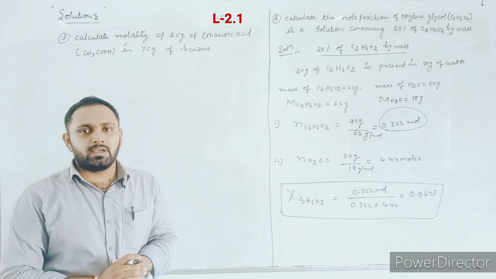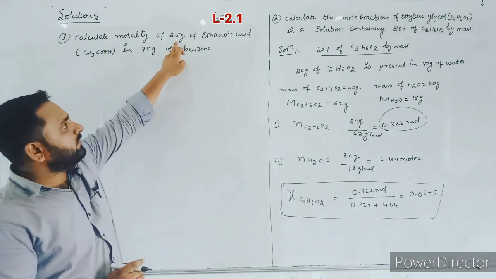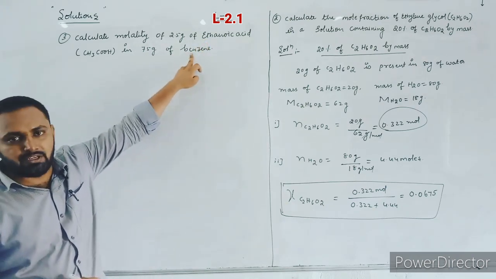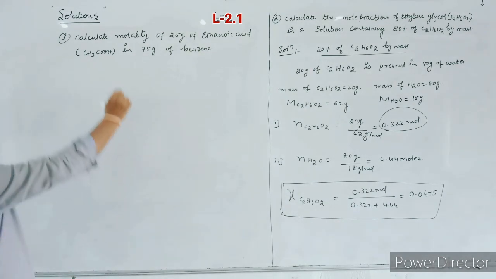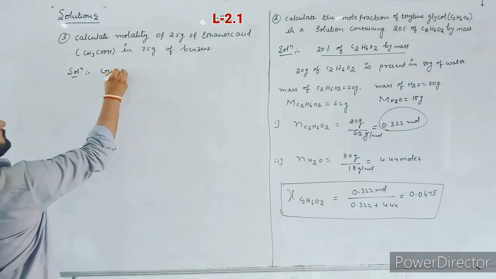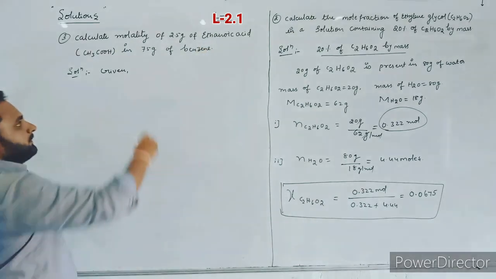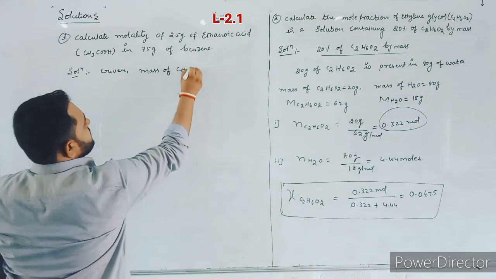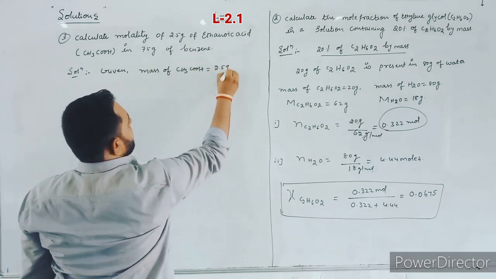Next, let us solve the third numerical. In the third numerical, calculate the molality of 2.5 grams of ethanoic acid in 75 grams of benzene. To solve this question, first let us write the given data. The mass of ethanoic acid, CH3COOH, is 2.5 grams.